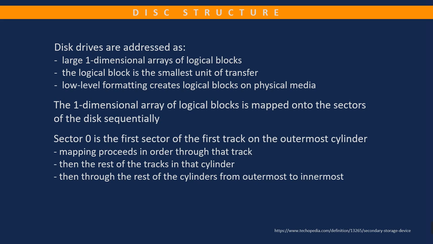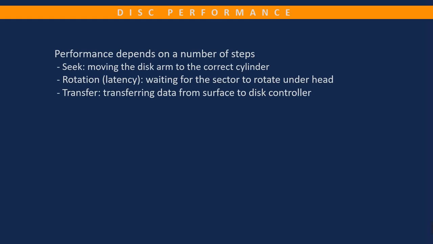So mapping proceeds in order through that track, then the rest of the tracks in that cylinder, then through the rest of the cylinders from the outermost to innermost. Performance depends on a number of steps. First is seek. Seek means moving the disk arm to the correct cylinder.